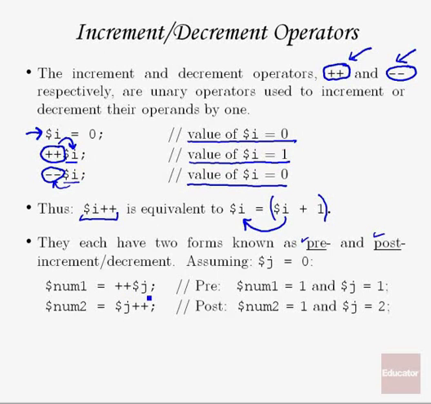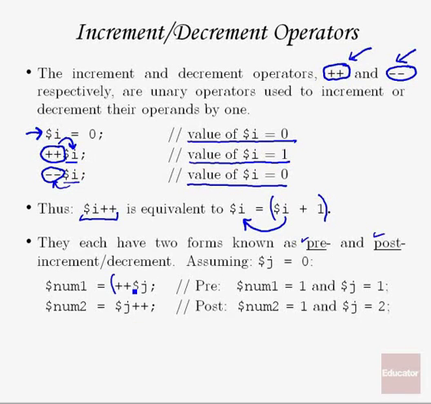Now, as mentioned, there's a pre-form and a post-form, and that's basically either the operator goes before the variable or it goes after the variable. Because this is sort of a combined operator of an addition and an assignment, whether you do a pre-operator or a post-operator determines what value is yielded by this operation, because we know operations take one expression, perform some operation on it, and yield another expression.